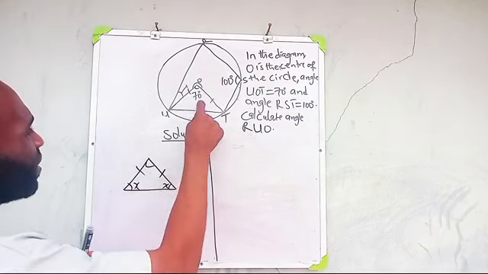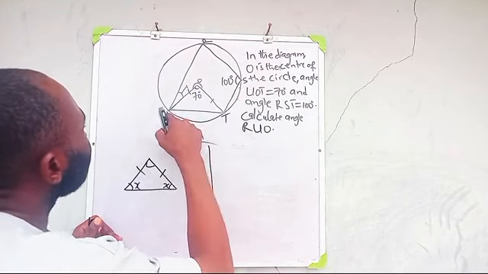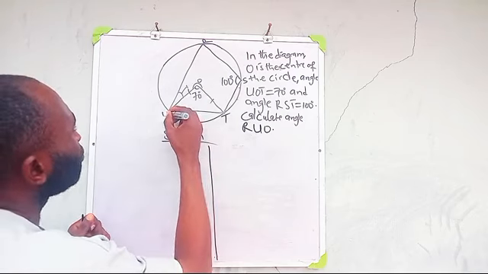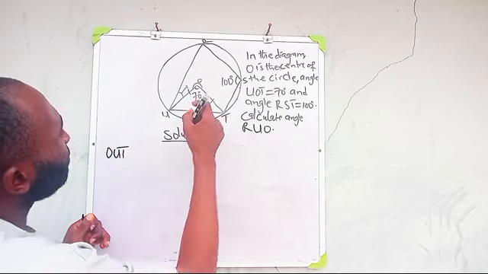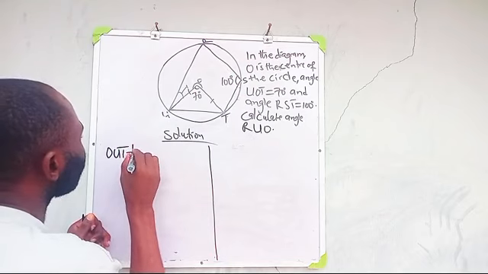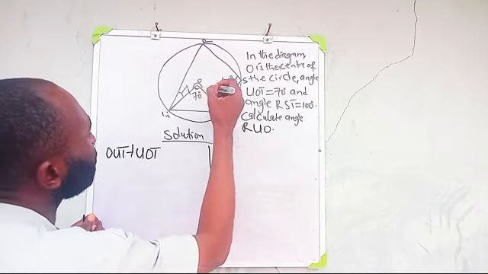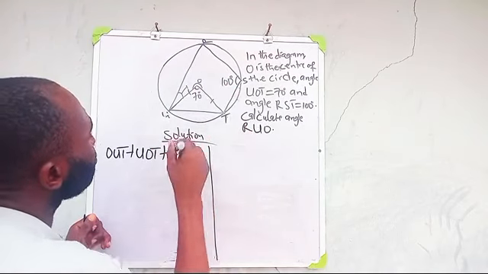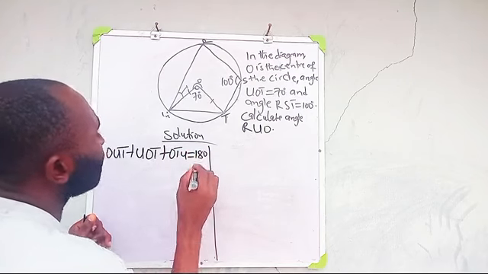So if you look at this shape here, that will tell you that angle OUT plus UOT, this one here, plus OTU will give us 180.